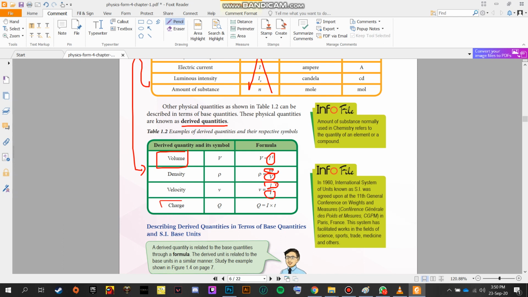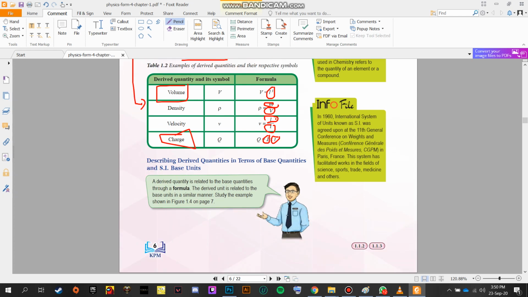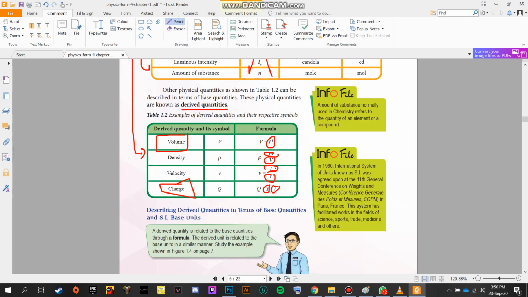And lastly, charge, which is the electrical charge, which is current times time. So yeah, all of these are what we call derived quantities, volume, density, and there are many more, but these are some of the examples.